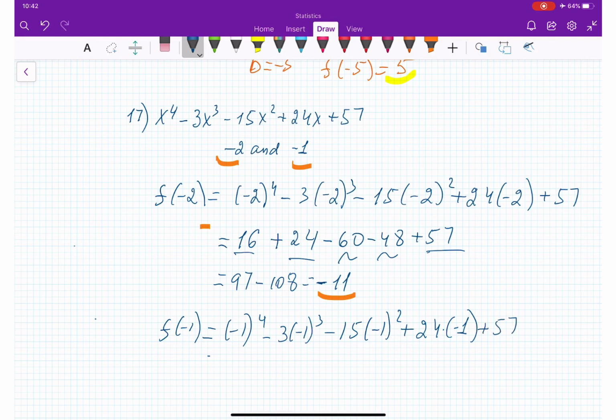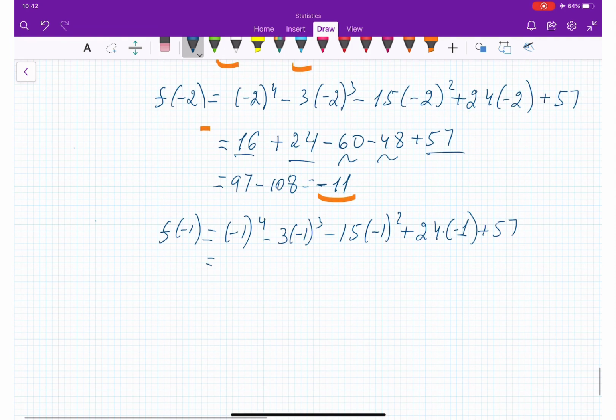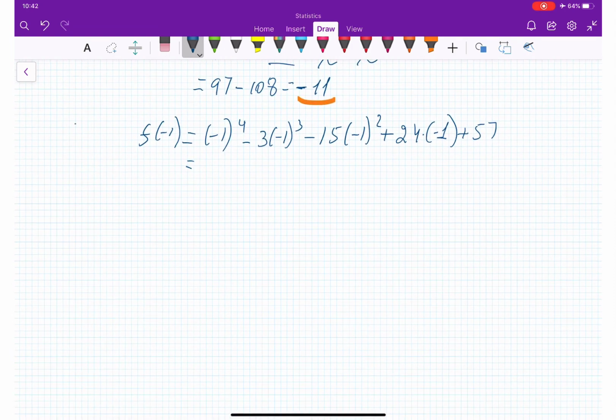So we get -1 to the power 4 is... oh, I said negative. It's going to be +1. I'm definitely tired. Okay, next. -3 times -1 cubed. -1 cubed is -1 and times -3 is going to be +3.